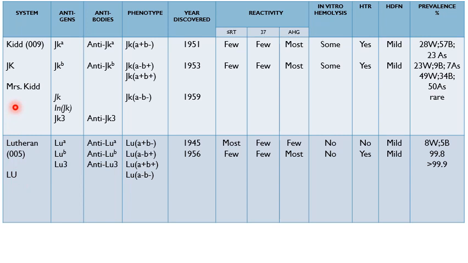The Kidd blood group system. In 1951, Allen and colleagues found an antibody from the serum of Mrs. Kidd, who had an HDFN infant. The antibody is anti-JKA, named after the infant John Kidd.